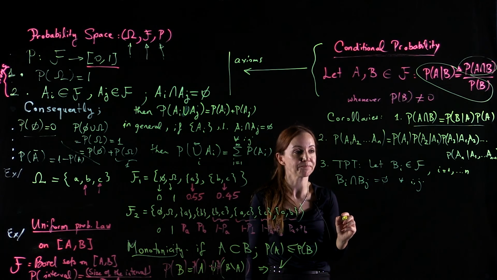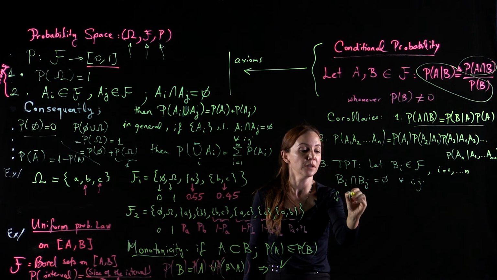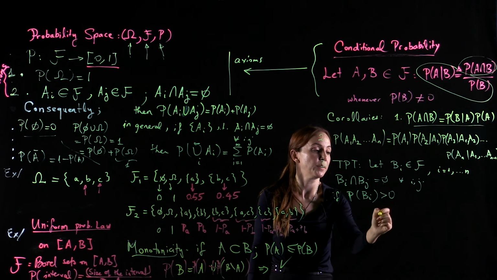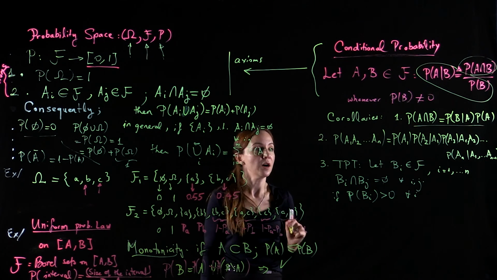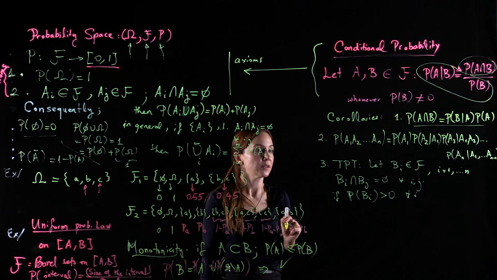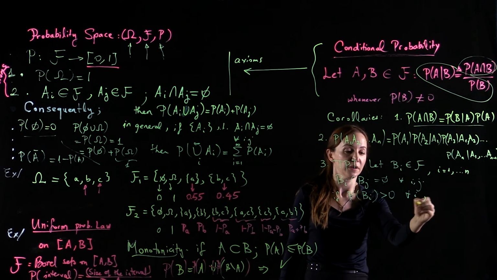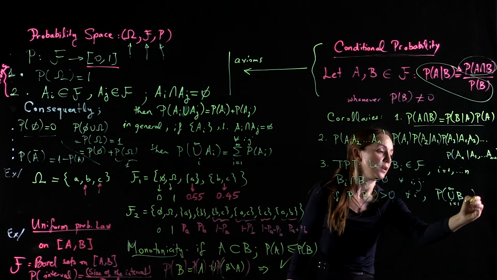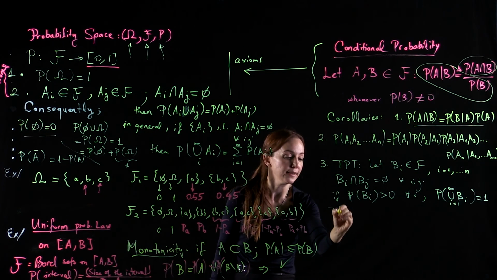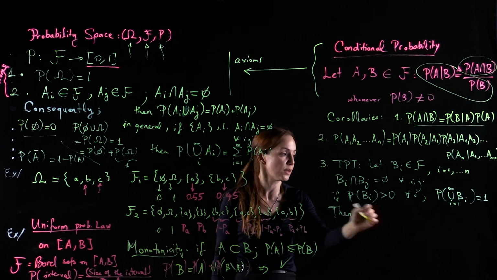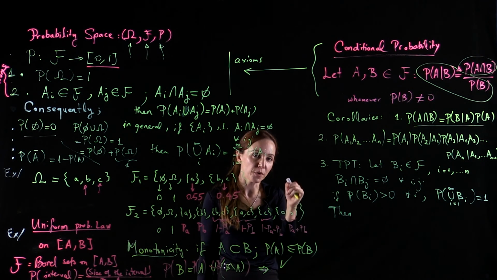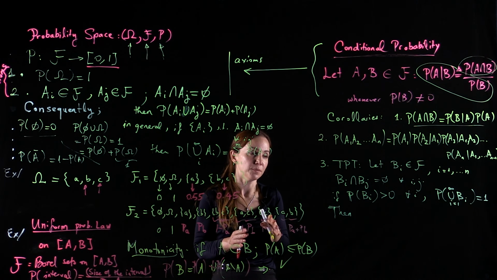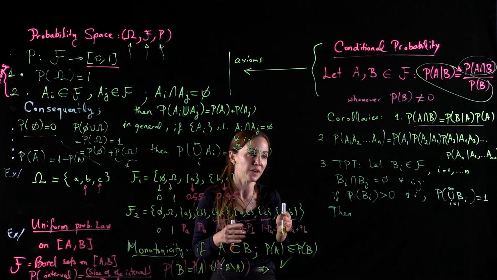Then if they have non-zero probability, bigger than 0 for all i, and if the probability of their union is 1, then we can use these sets Bi as a partition based on which we will divide and conquer the probability of any given event.